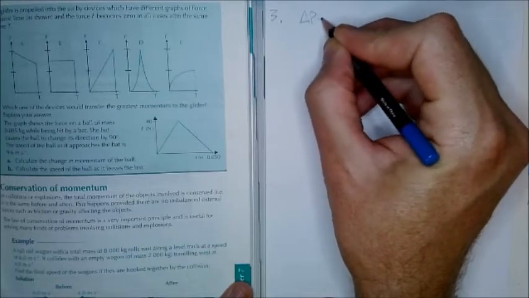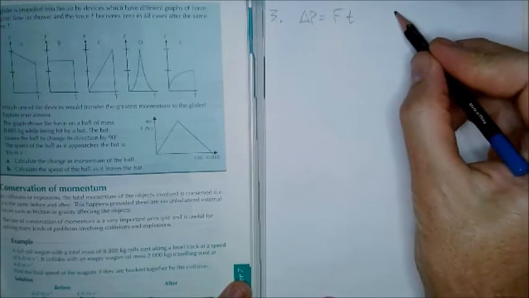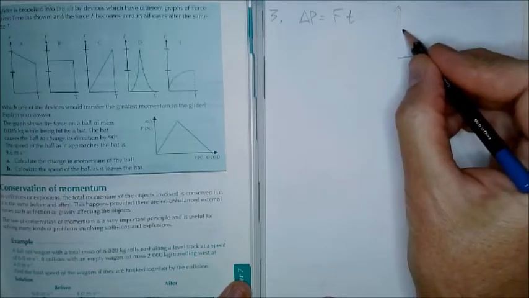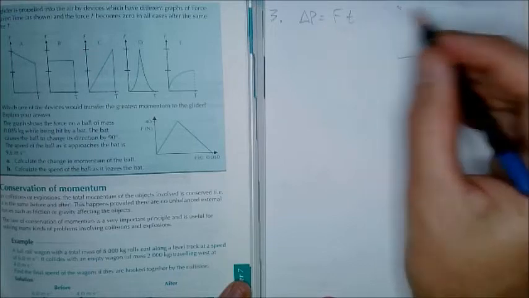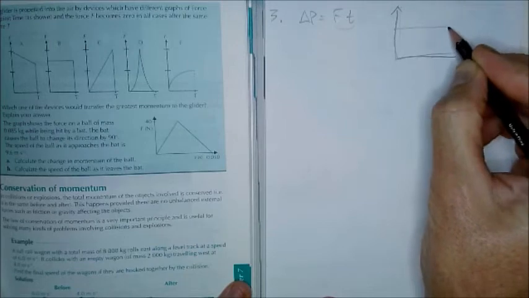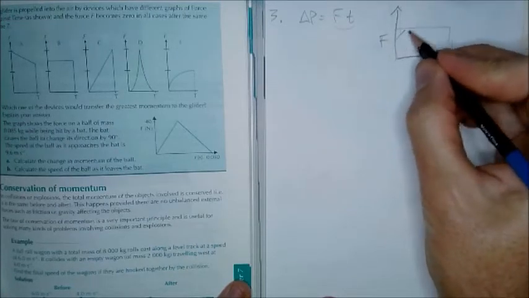Delta P equals Ft. Usually with this formula we're assuming that F is the average force over the complete time, okay? And that represents the area under a force-time graph.